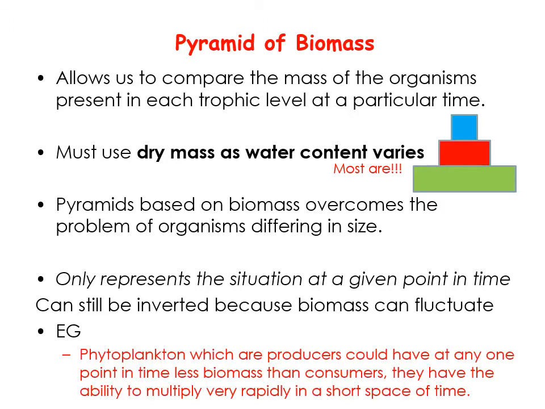The one example the examiner likes, and you'll see this in your question pack and in homeworks, is the one about phytoplankton. They're producers, so it's an algae in an aquatic system. At any one point, they can have a lower biomass than the consumer, okay? They have the ability to multiply very rapidly in a short space of time. So the consumer can have a greater biomass because we get these phytoplankton blooms.